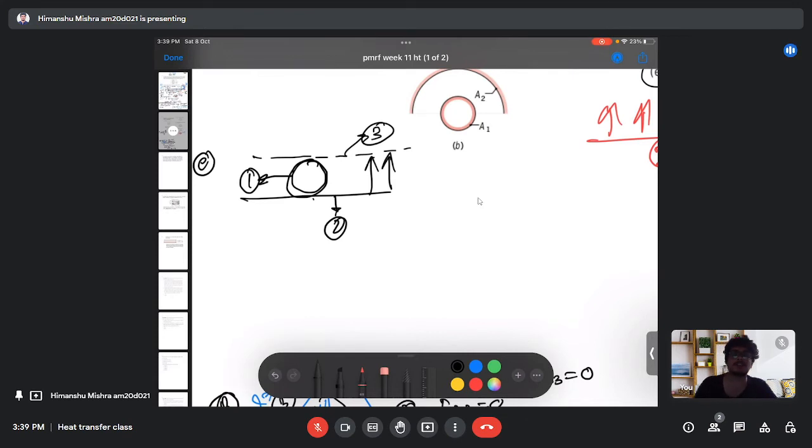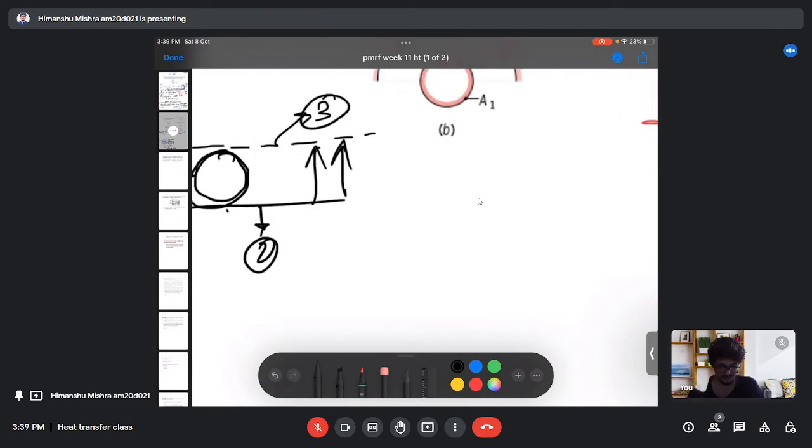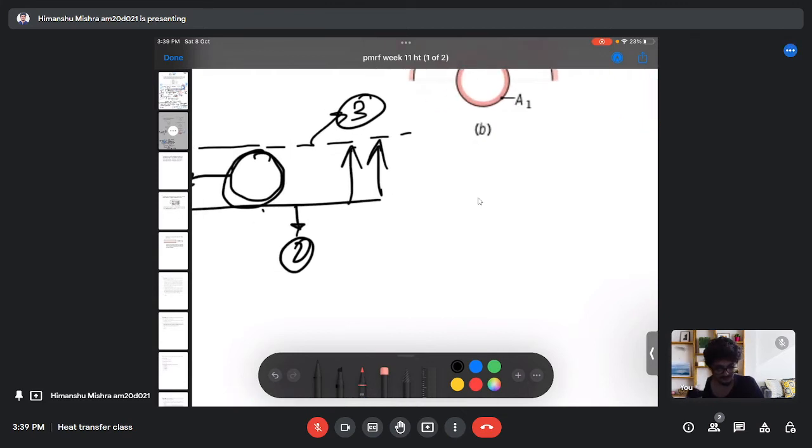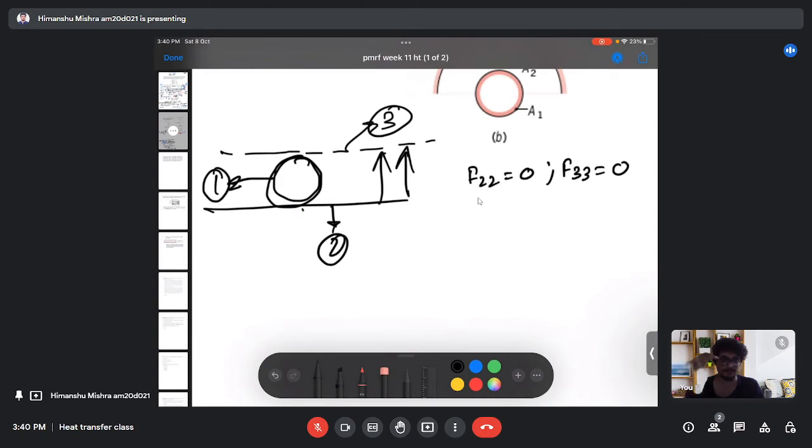So again, you can use the direct inspection method, symmetry analysis, summation rule, as well as the reciprocity rule, all these 4 rules, to determine all the view factors here. So just by looking at the diagram, you can say that F22 equals 0, F33 equals 0, because the radiation coming from surface 2 will not be intercepted by itself.